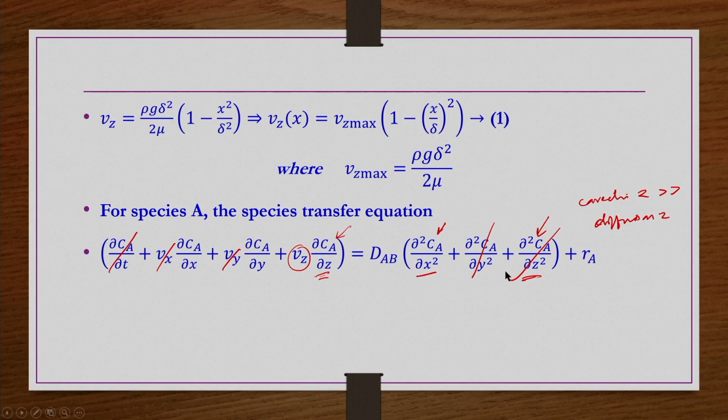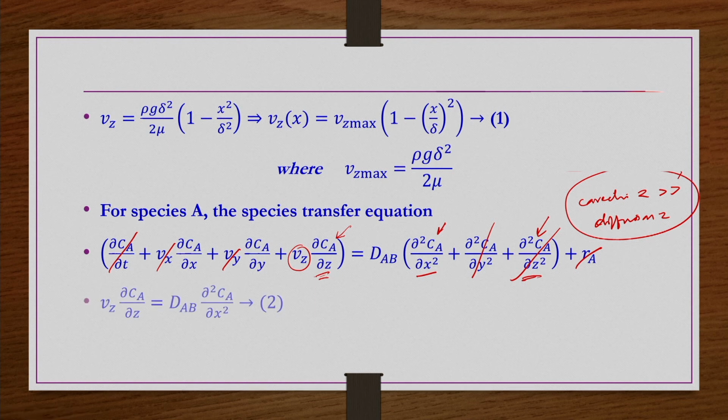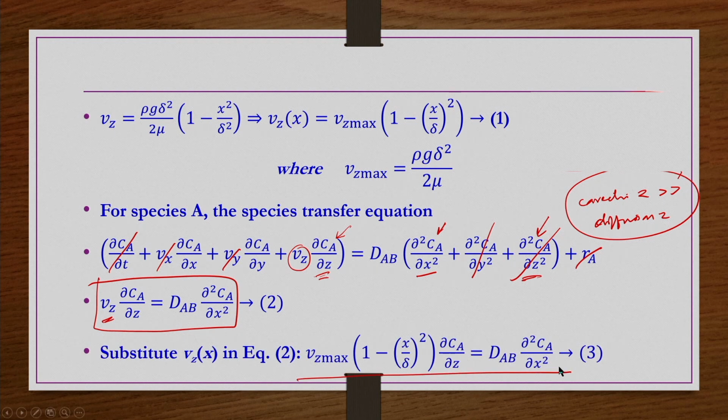Accordingly this term can be cancelled out. There is no reaction finally. So, we have Vz ∂CA/∂z equals D_AB ∂²CA/∂x². This Vz is Vz max times 1 minus x by delta whole square, so Vz max (1 minus x square by delta square) ∂CA/∂z equals D_AB ∂²CA/∂x².